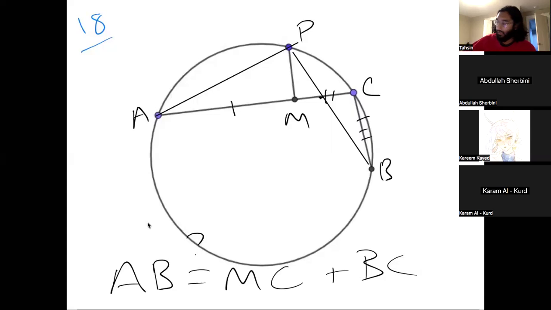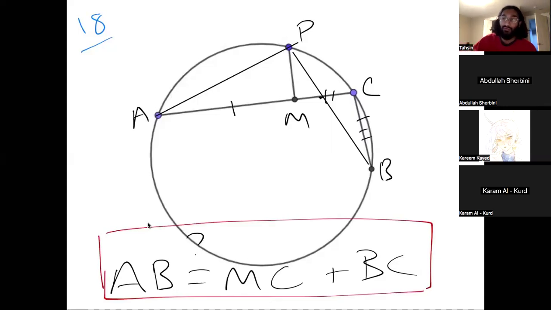What I'll point out is that for me, the most difficult thing about this problem is this condition. This thing that we're trying to prove is very unnatural to me. It's not like prove some angles are equal or prove something is a square or a parallelogram. It's prove that these two lengths that don't really look related add up to each other, right?